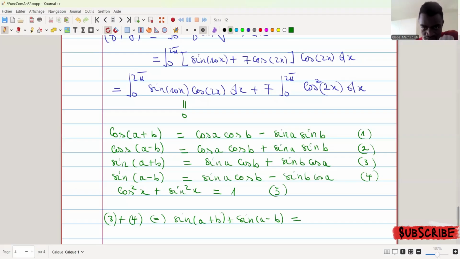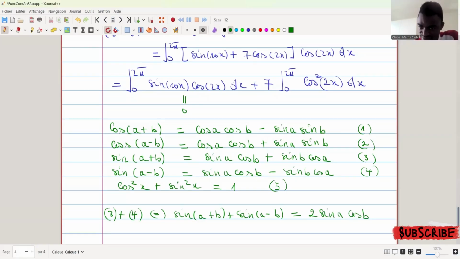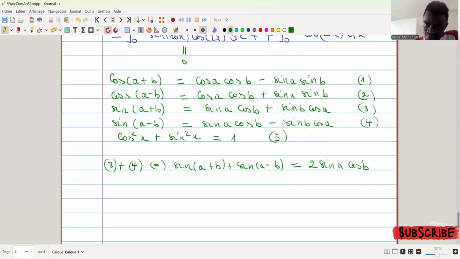If you add 3 and 4, you are going to have 2 sine a cosine b. So with this, you are going to have sine a cosine b equal to half of sine a plus b plus sine a minus b.